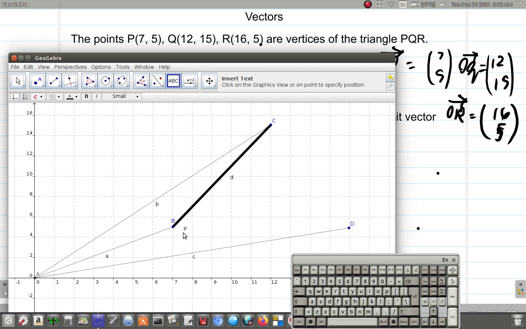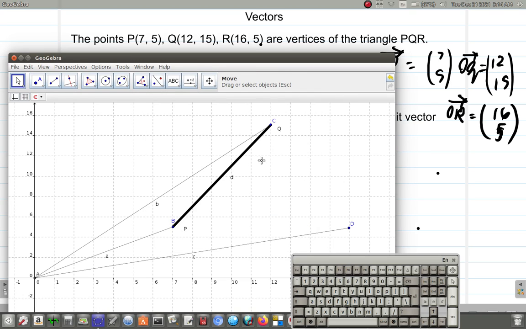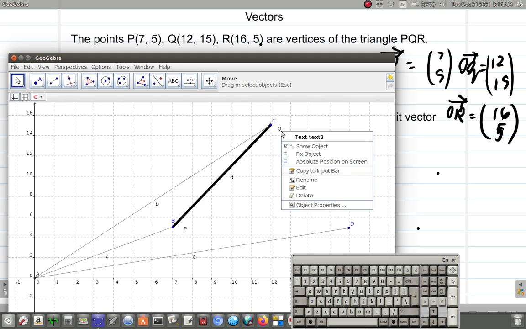So let's keep it there. This is Q up here. So let me put my Q here.